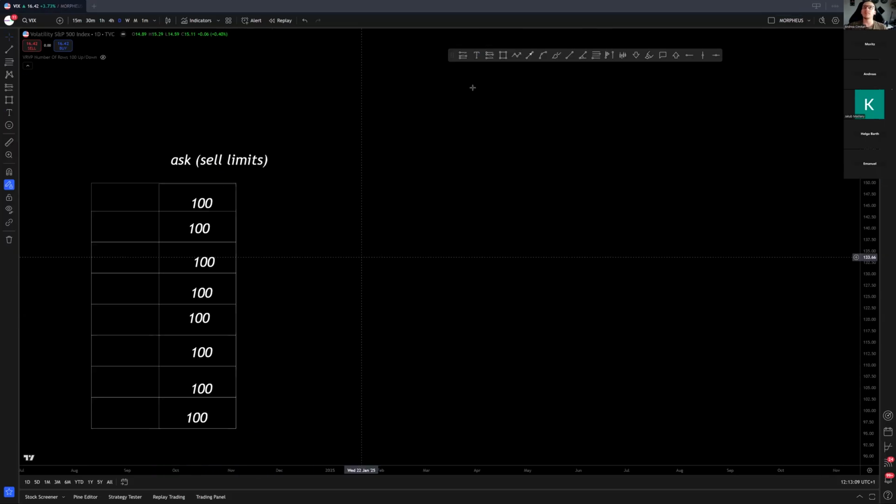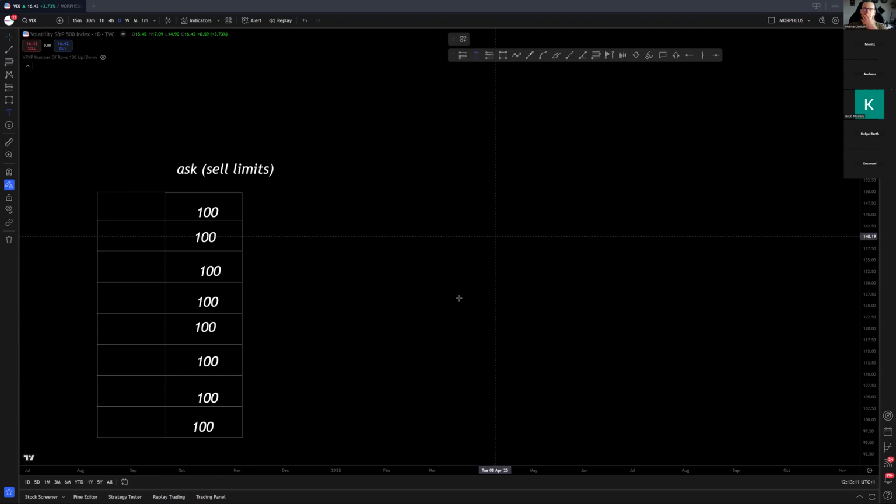Say you're a pension fund trying to put $1 billion in the futures market of, I don't know, the S&P 500. I'm just saying something pretty random. And you have 5,000 buy orders to put in.